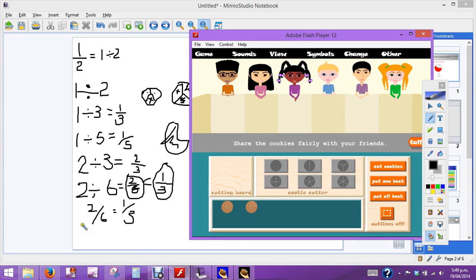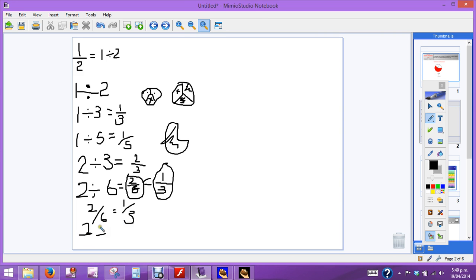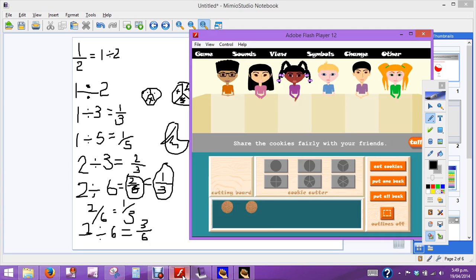So we're looking at 3 shared or divided by 6. So I can rewrite that division as 3 over 6, 3 divided by 6. And that's the answer to that division. They'll get 3/6 of a cookie each. Let's see what that looks like. One more cookie.